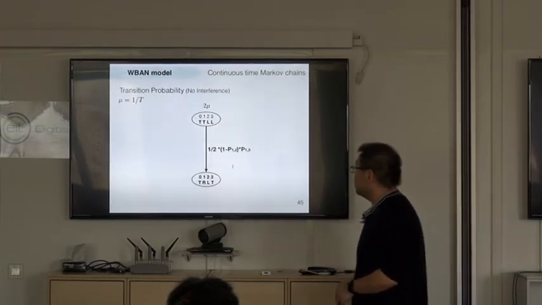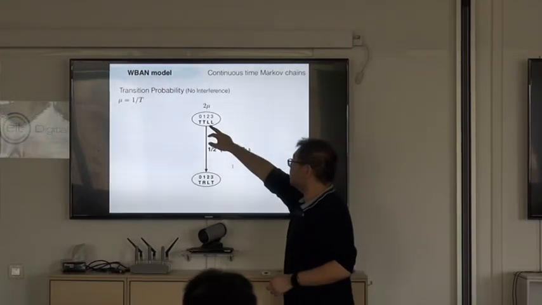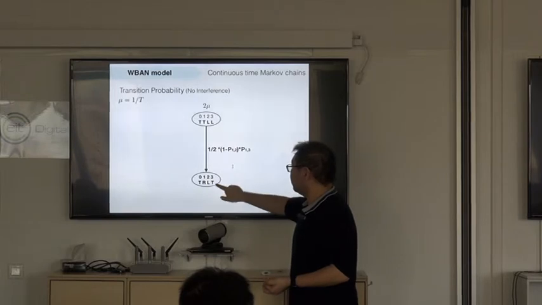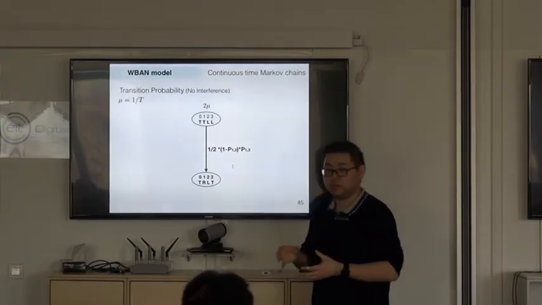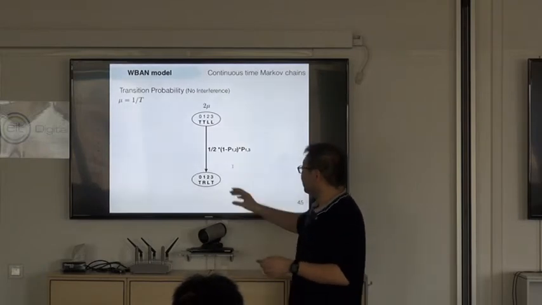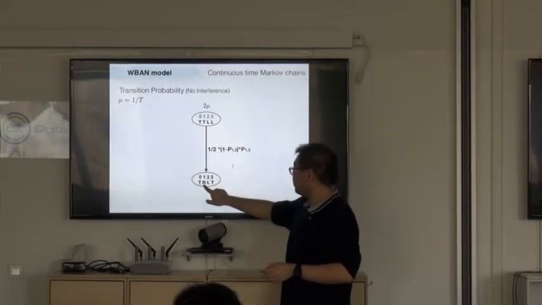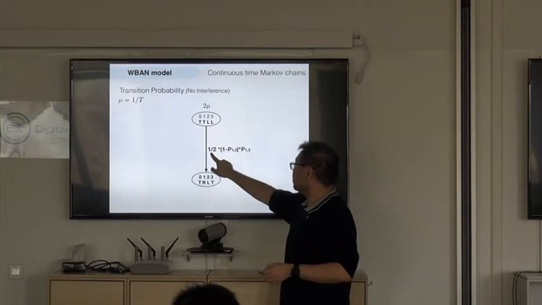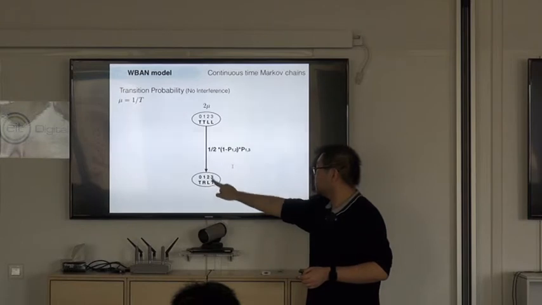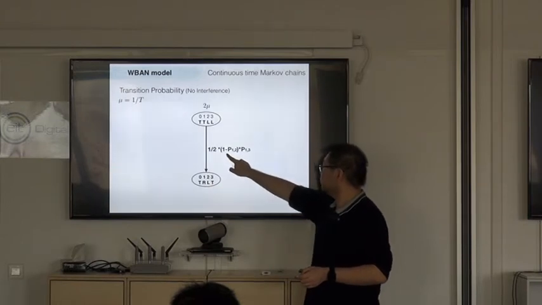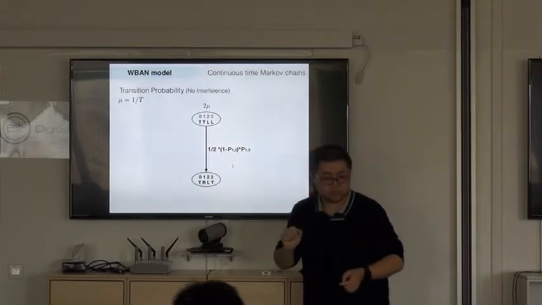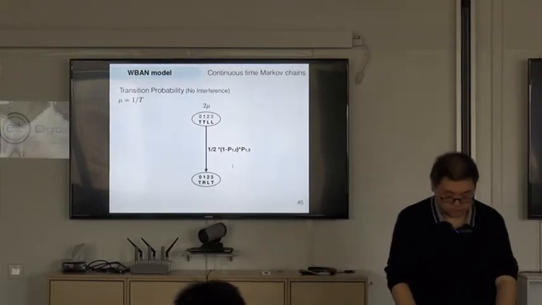And if we have multiple L's in the state, then we consider that the reception of every L receiver is independent. So here the second one finishes first. So we have 0.5, times node 2 fails, so it's 1 minus this one, and the last one succeeds, so it's times directly P13.